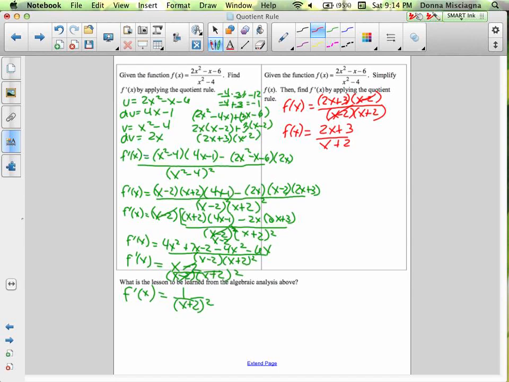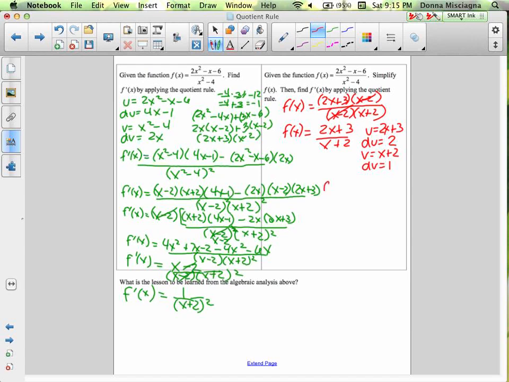All right, so u is 2x plus 3. The derivative is 2. v is x plus 2. The derivative is 1. So we don't need much space because we don't got much space.